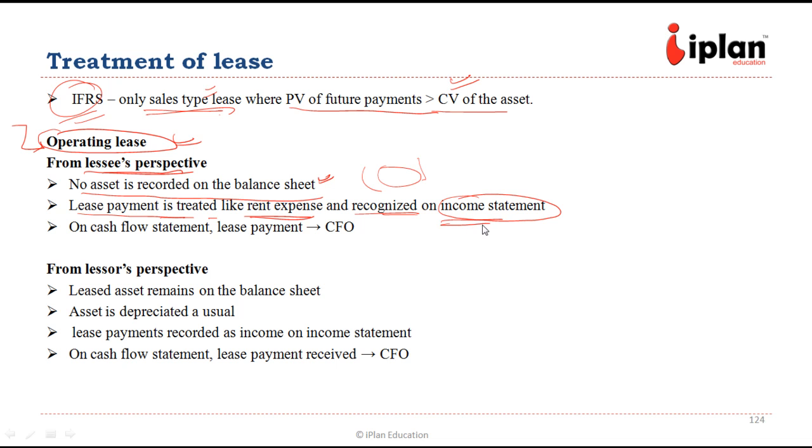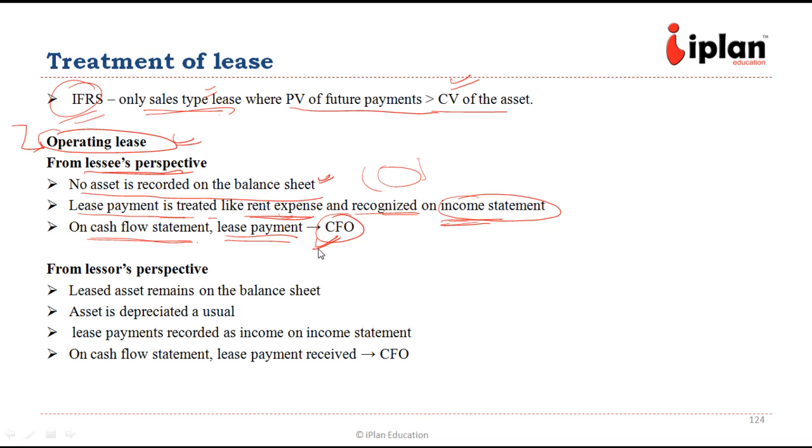So in the case of capital lease, we had two components of lease payment, interest and principal, and it was put accordingly. But here we have only one component. On the cash flow statement also, we have only one component, which is cash flow from operating activities. So since the asset is not on the balance sheet, we are not considering depreciation, etc. And the lease payment is only rent expense and cash flow from operating activity.